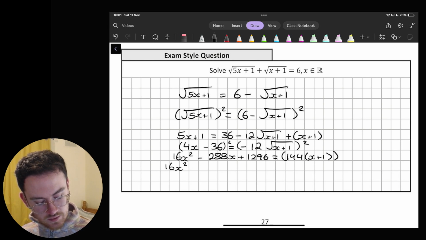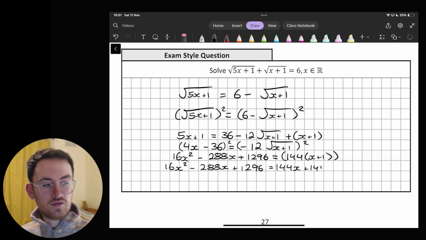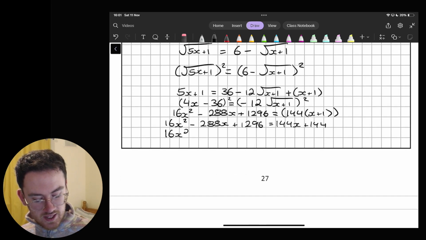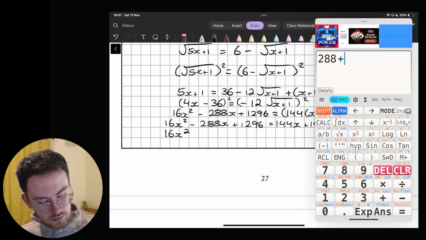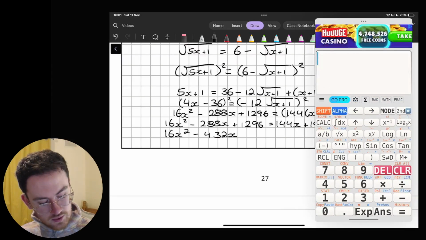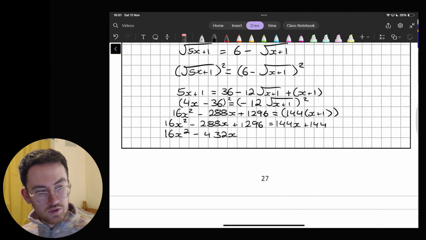So 16x² minus 288x plus 1296, so it's getting quite large, 144x plus 144. We're getting into big numbers already, so let's simplify down if we can. 16x², 288 plus 144 gives me 432, so minus 432x, and the 1296 minus the 144 gives me 1152.